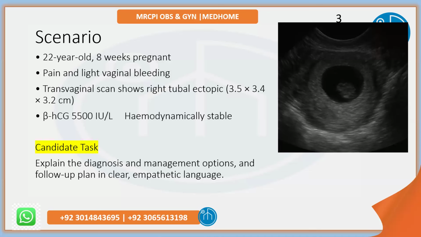And is this the first episode of bleeding since you found you're pregnant, or has it occurred a few times? Doctor, bleeding came when I went for the scan. It was spotting over there. Now they called me in the clinic. They said, come today. I'm very excited because this is my planned pregnancy and I'm looking forward to it.